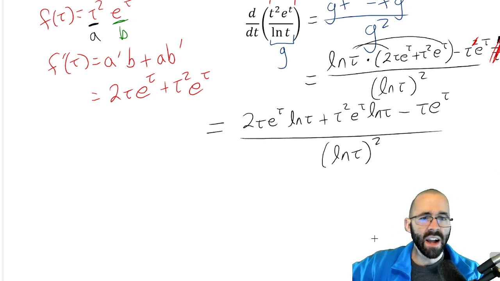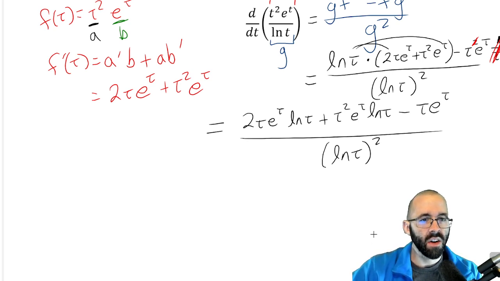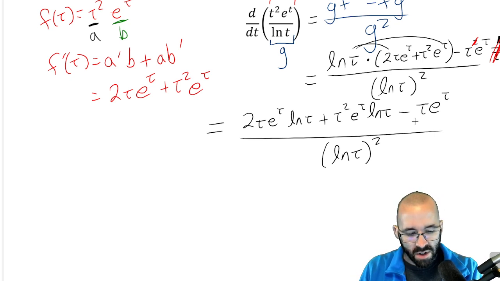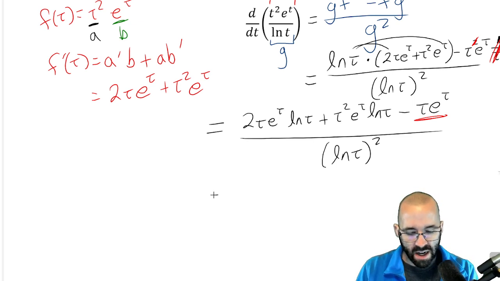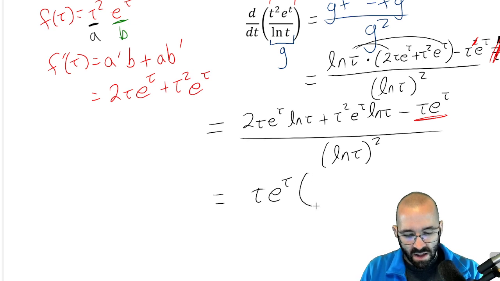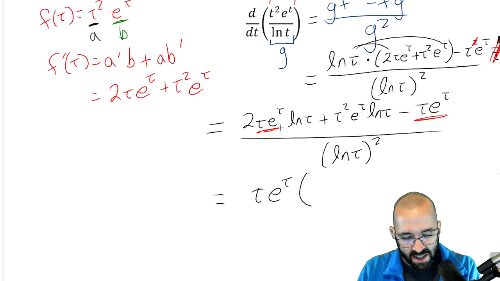Now, if we can, we'll factor the numerator and clean it up. Does anything in the numerator get shared across all three terms? Yeah. All three terms have a t and an e to the t. We'll factor it out: t e to the t. What's left over? We took out one of the t's and we took out an e to the t.